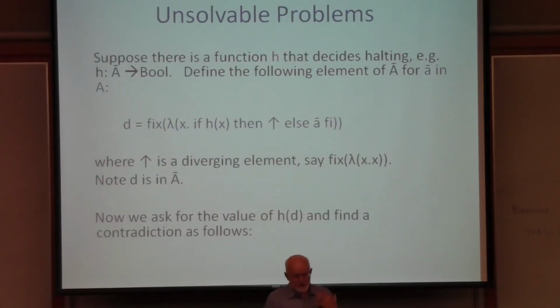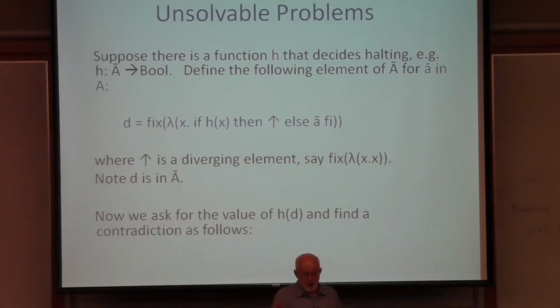So let me just show. Once you've got all that, here's how you do the undecidability of the halting problem. You say, let's suppose in the theory, A could be the natural numbers, you could take that, but any partial type. Let's suppose H decides halting. So it maps A bar into the Booleans. Then what we can do is define this number D here to be the fix of a function that, if H is true of the input, it will diverge.